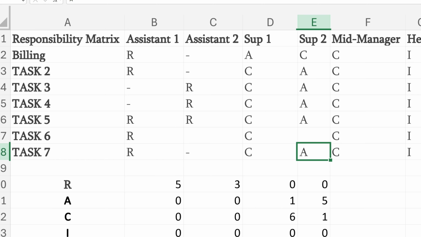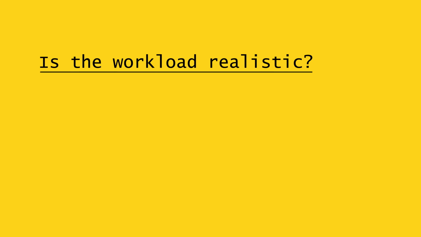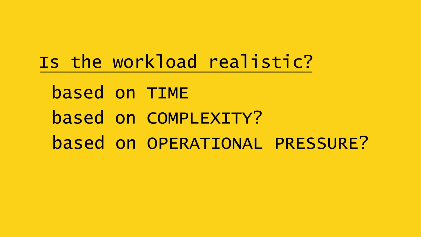Finally, it's important to validate the analysis with the team. Tandaan, the RACI chart shows the structure, but the team can confirm whether the workload reflected in the matrix is realistic based on time, complexity, and operational pressure.